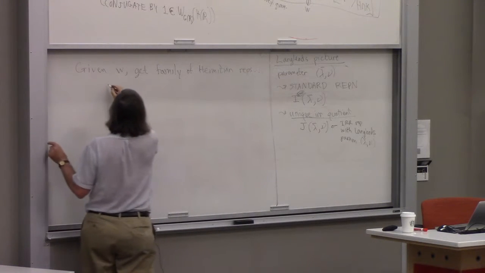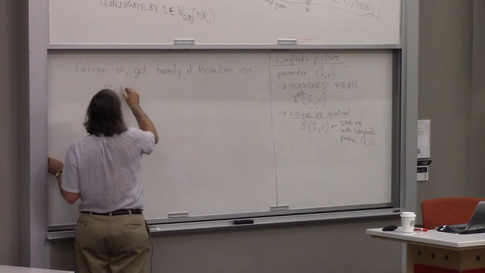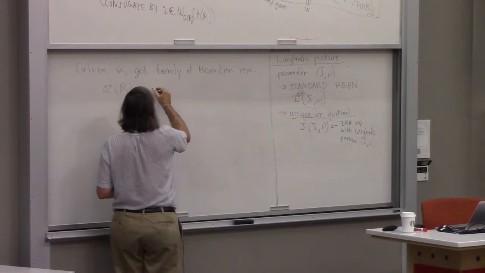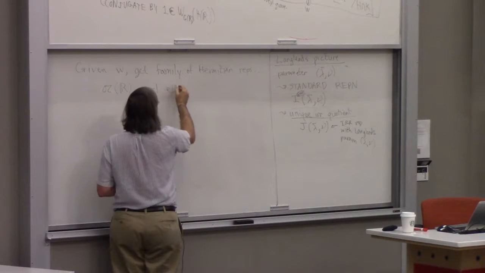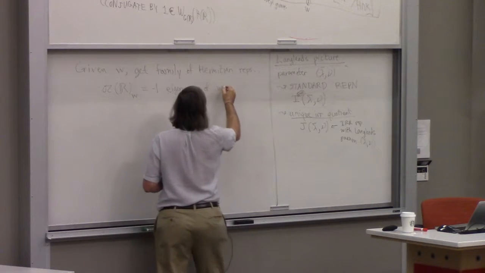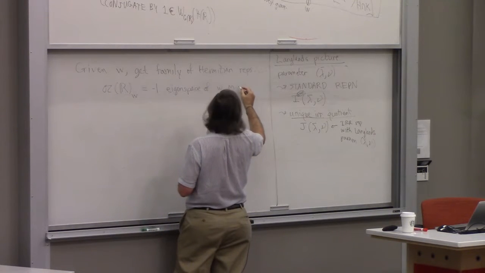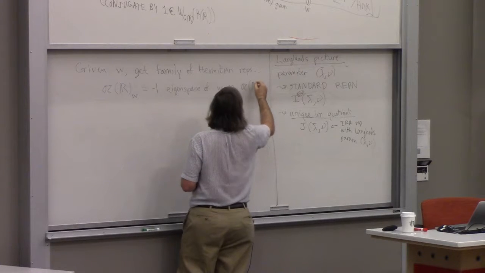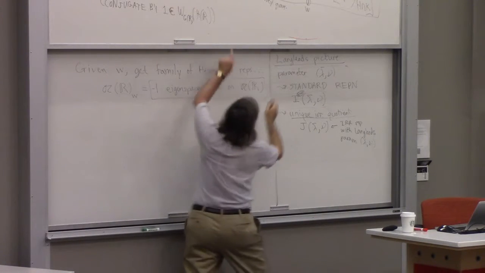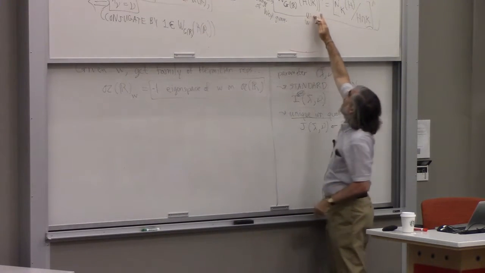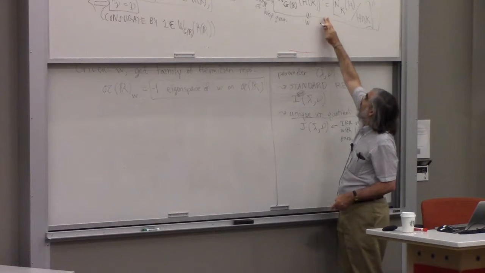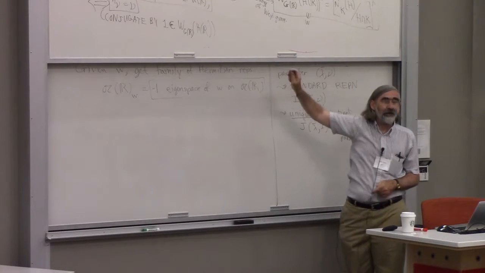So what I want to do is define A of R sub W. This is the -1 eigenspace of W on A of R. The W is any element of this Weyl group that fixes lambda bar.